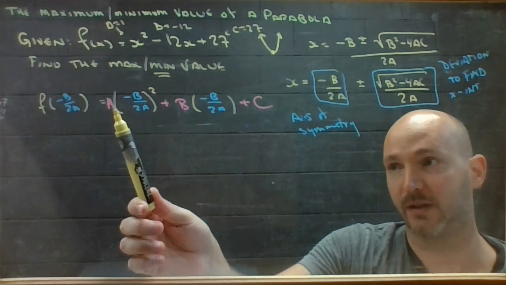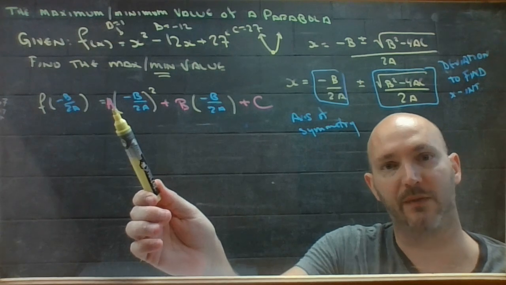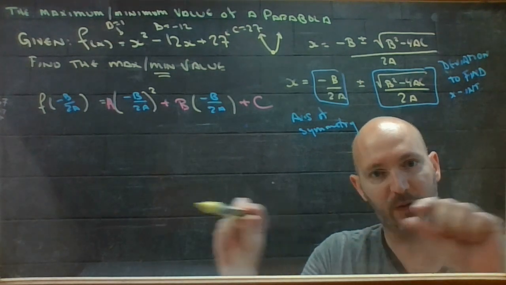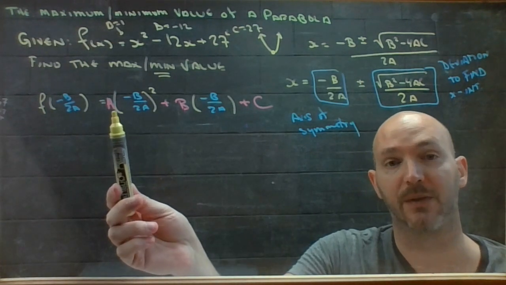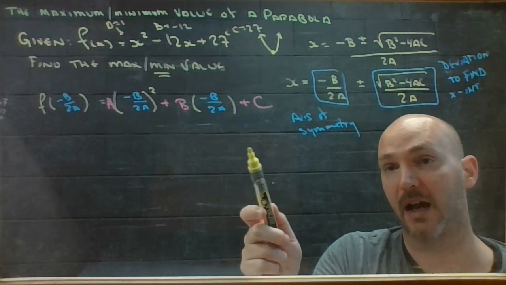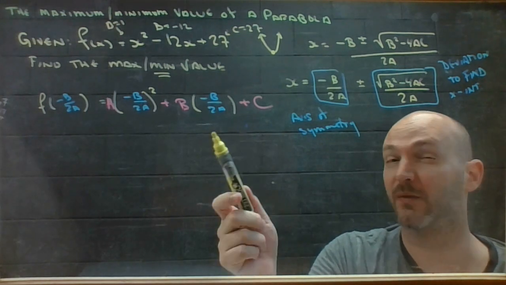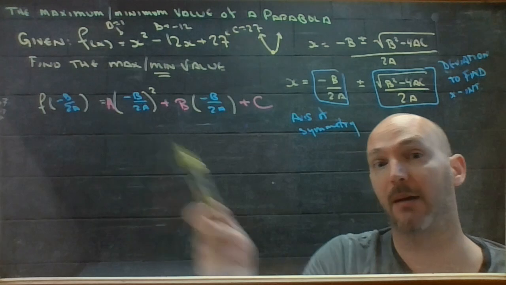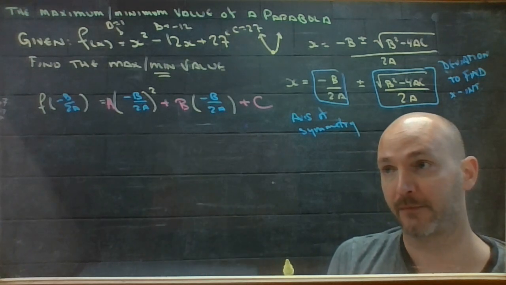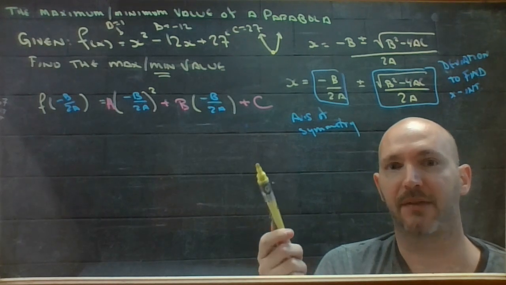Might be an upside down one if this was negative. It might be a really tall one if this is 2 or 5 or 10. It might be a really short fat one if this is 1/2 or 1/3 or 1/10. It doesn't matter. It's every parabola you could ever imagine. So whatever we cook up out of this is going to be a universal statement about any parabola you ever come across, which ultimately is the point of doing all this math analysis.